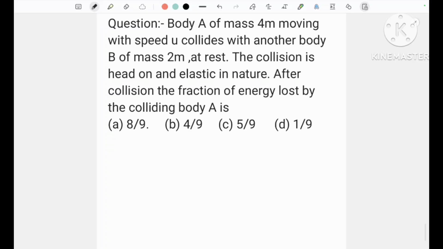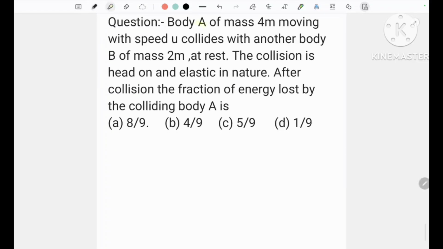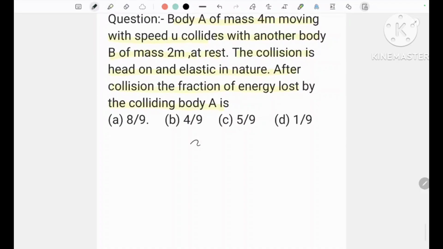Next, body A of mass 4m moving with speed u collides with another body B of mass 2m at rest. The collision is head-on and elastic in nature. After the collision, the fraction of energy lost by the colliding body A is.